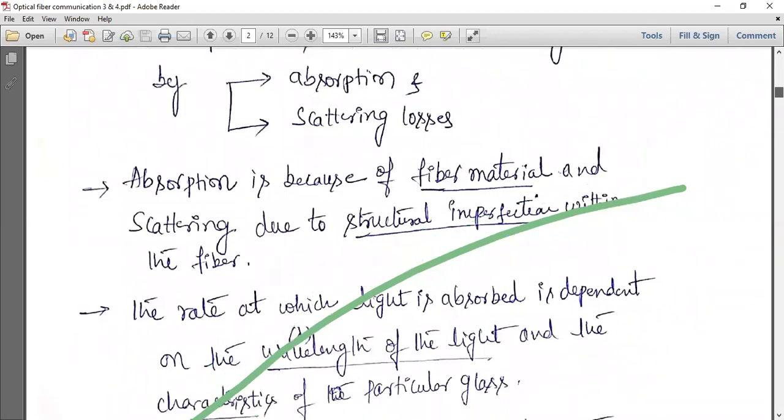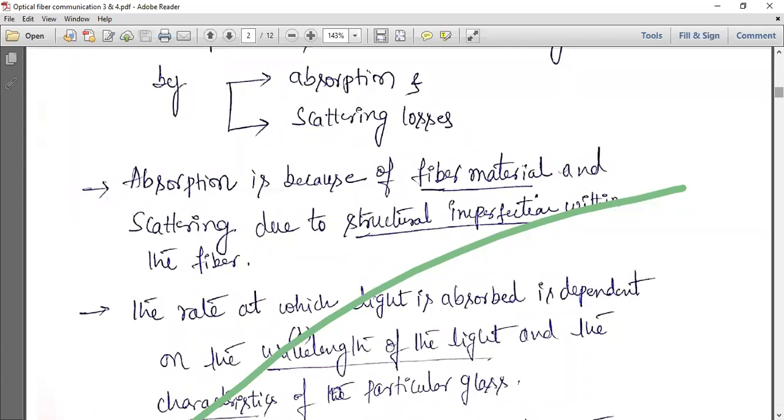Scattering is from the structural imperfections within the fiber. If there is any crack in between, or if you have bent something, then whenever the optical signal is going, if it encounters a bending or some imperfections within the fiber, the signal will scatter, just as the signal scatters in your wireless domain. Similarly, in fiber also, there are chances of scattering.